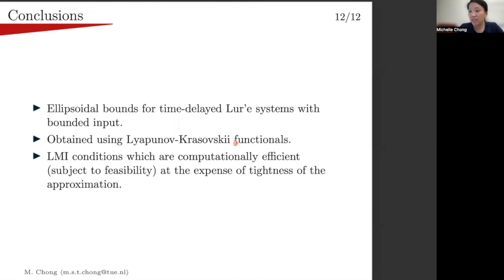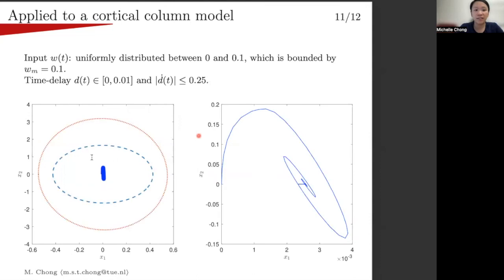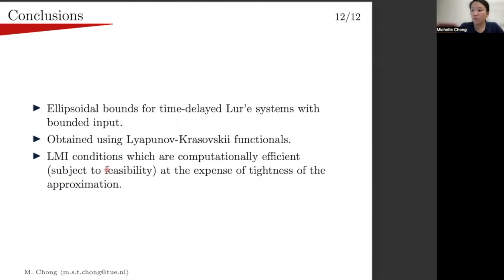By gaining the computational efficiency of ellipsoidal bounds, we have sacrificed the accuracy of the approximation, as we have seen in the example on this slide. Further work will include considering modeling uncertainties and the applications of these results to safety and security verification.